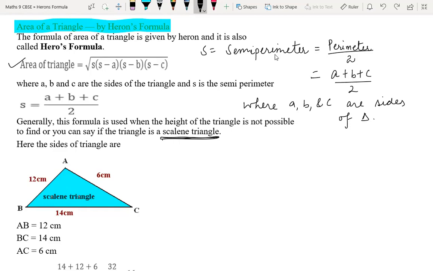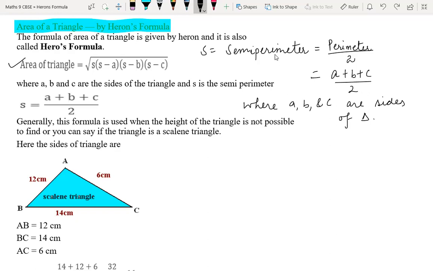Actually, we can apply this. Tell, Sai Charan. He told the formula, and semi-perimeter is equal to A plus B plus C by 2. Means if we know all the sides, we can do it without height.